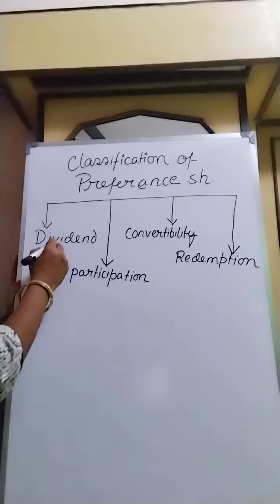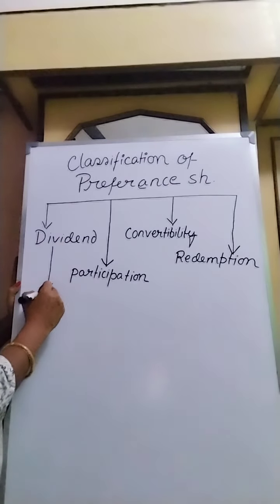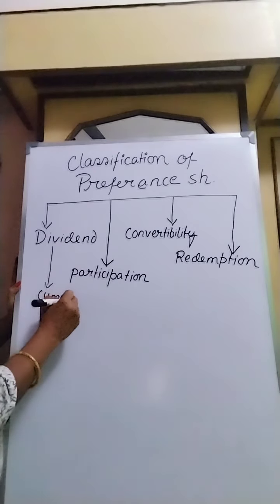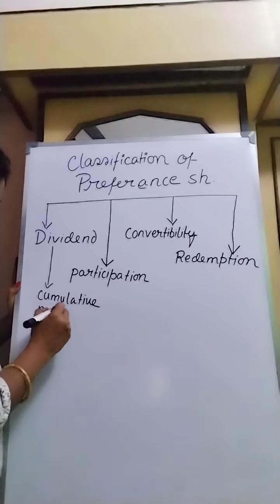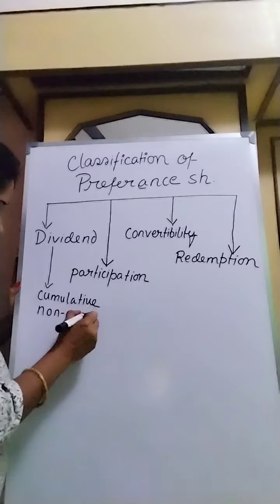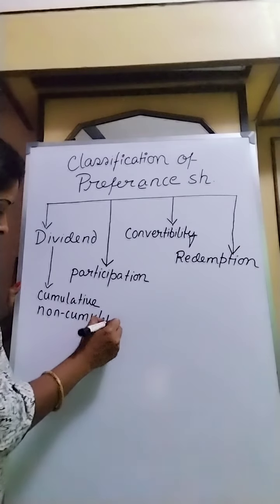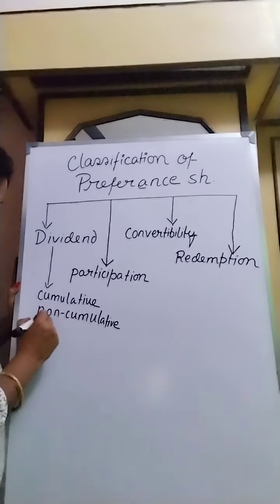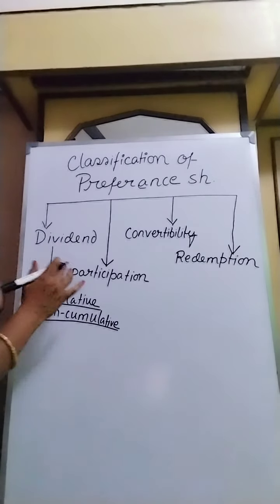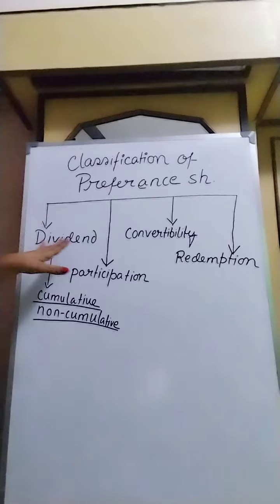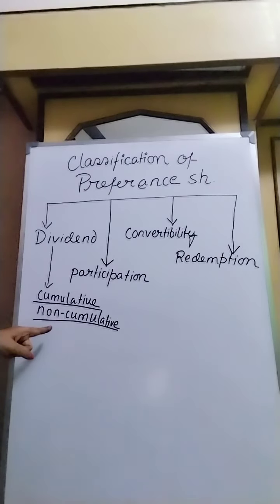Number one is cumulative and number two is non-cumulative. First I will explain these two. With reference to the dividend, preference shares are of two types, cumulative and non-cumulative.